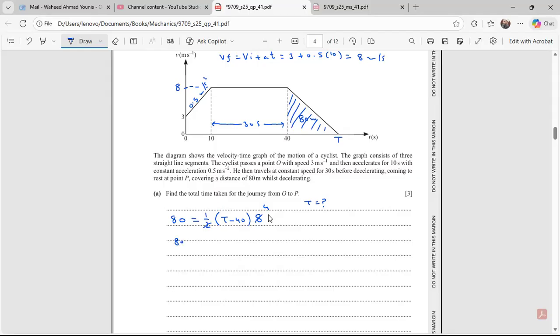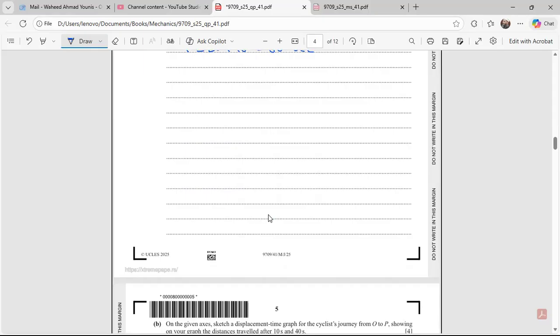So 80 by 4 is equal to T minus 40. So 80 by 4 is 20. So T is equal to 20 plus 40. So this is 60 seconds. Okay. So the total time from here to here is 60 seconds. Okay. So this was very easy.